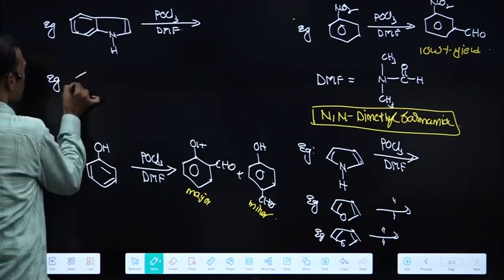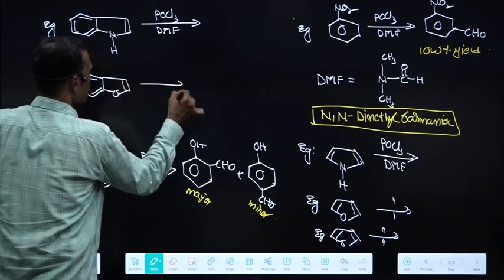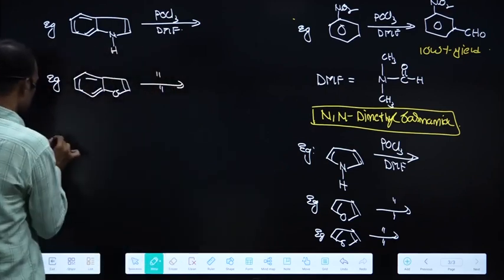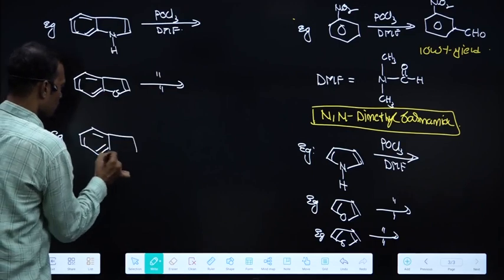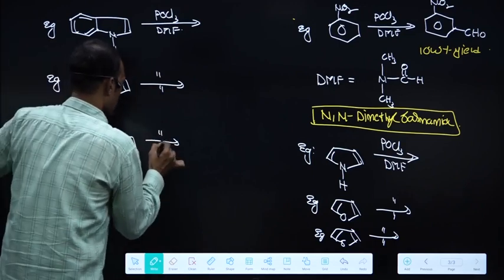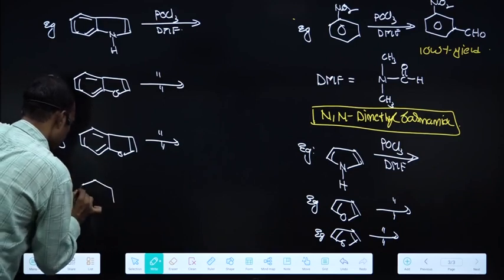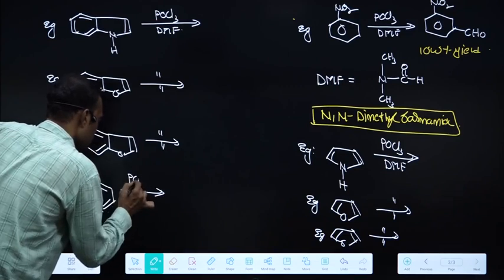Indole, POCl3 in DMF. So pyridine is highly inert in this one.